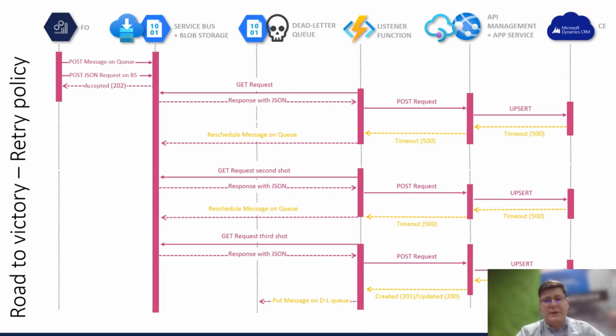So after 3 attempts, we decided to put this message on dead letter queue. And well, there is one problem about this component. There is no tool in Azure to do something with messages on dead letter queue.